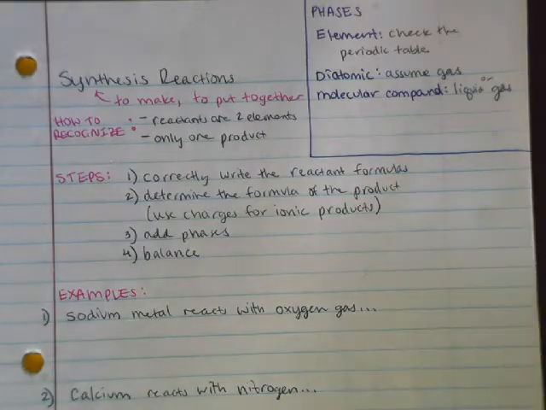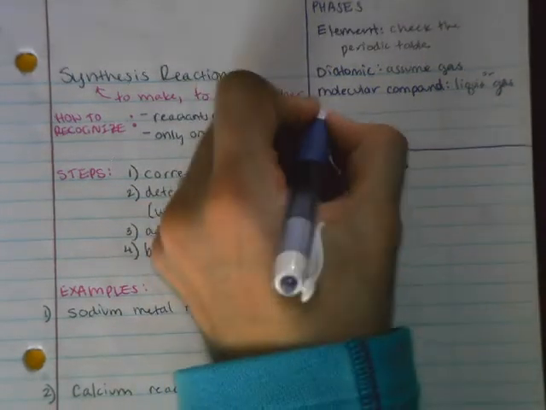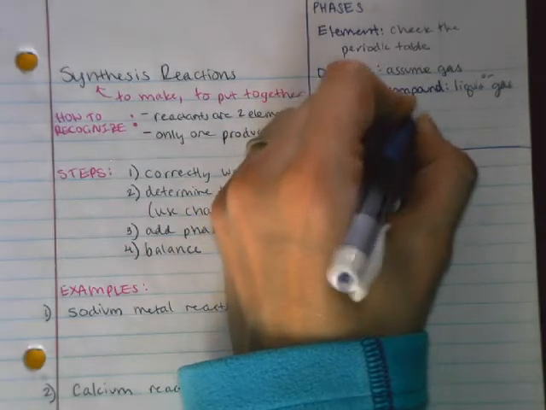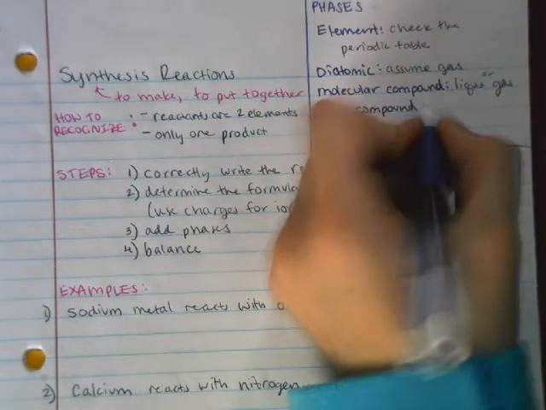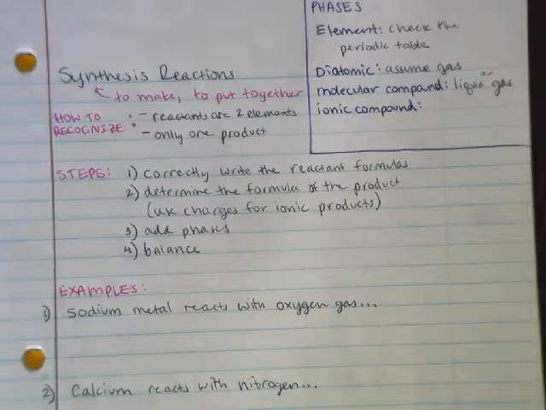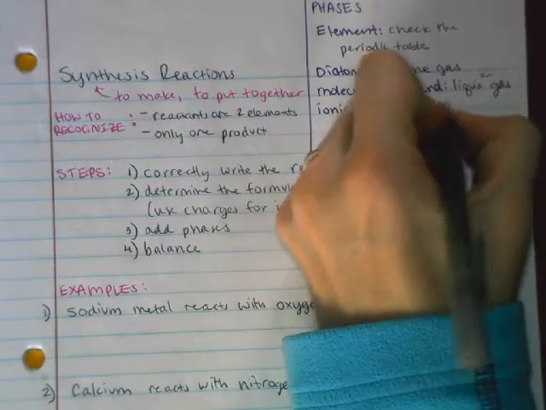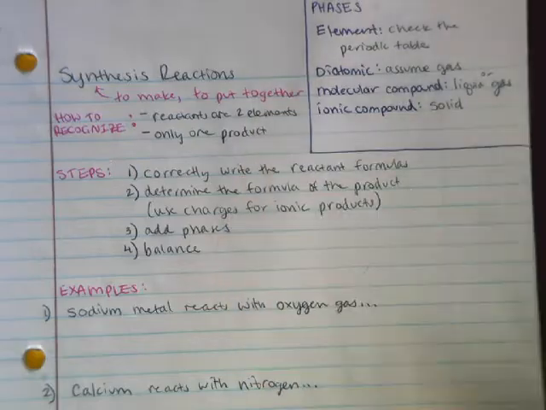Now, if it's an ionic compound, ionic compounds are characterized by their very high melting and boiling points. So your ionic compounds are going to be in the solid phase.